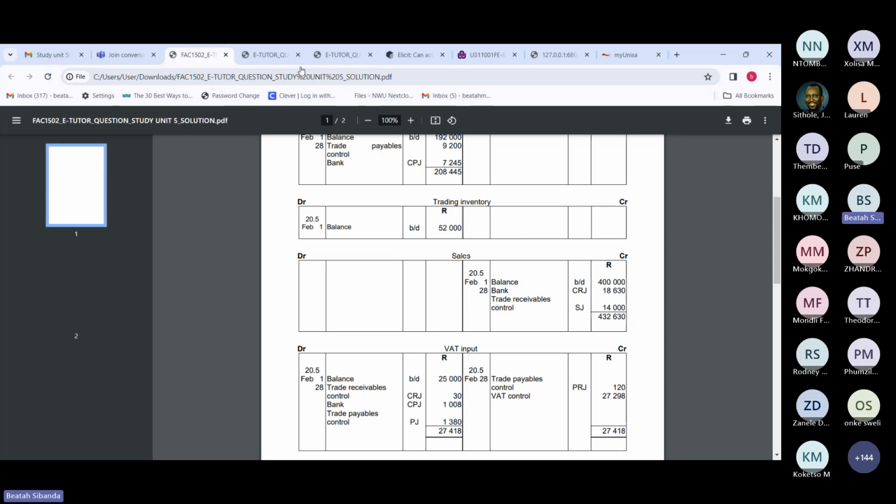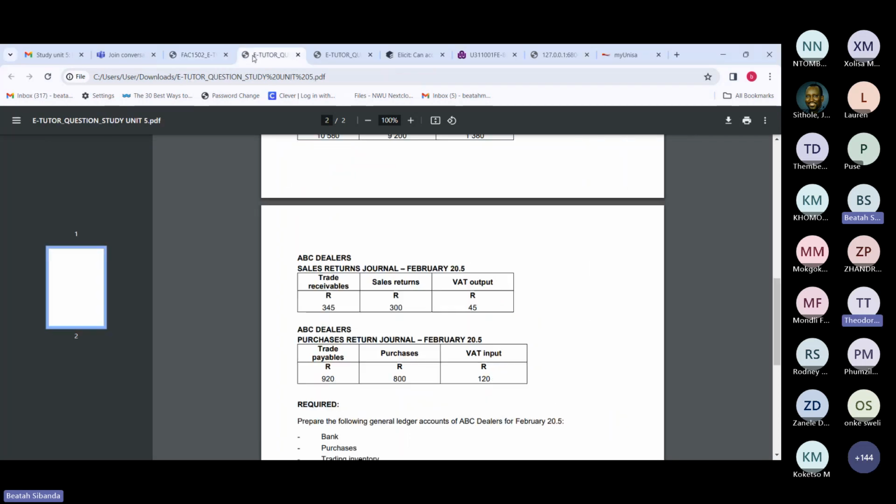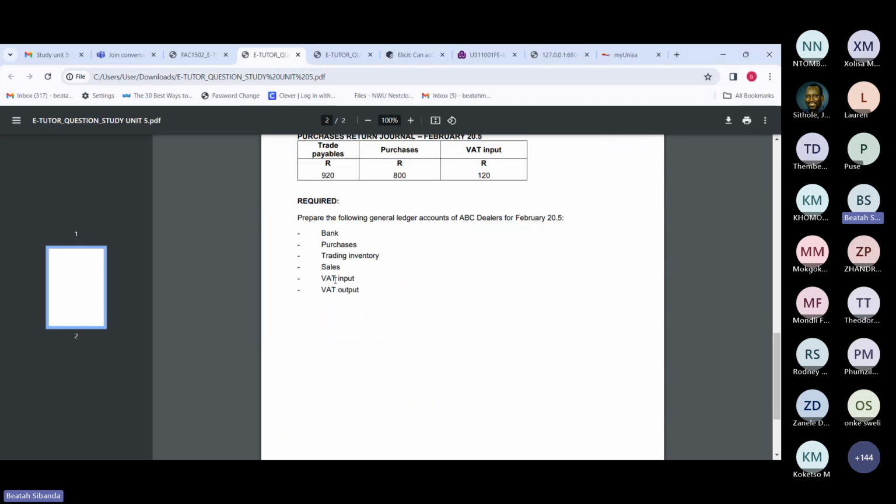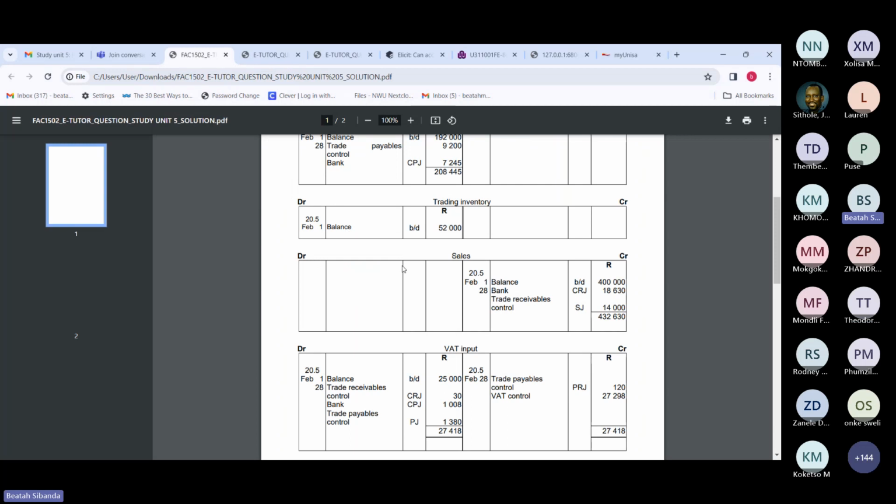If we brought it to the general ledger, then we would have a separate account for that. The question didn't ask for the returns journal, it only asked for the sales ledger. So this question is only addressing what is listed here as required. Oh, okay, perfect. Thank you. It's a pleasure.